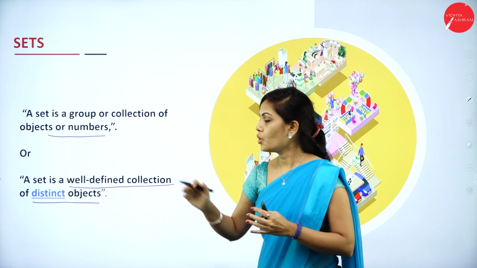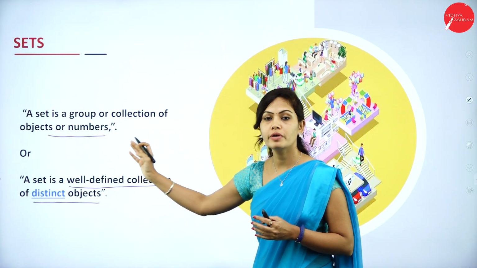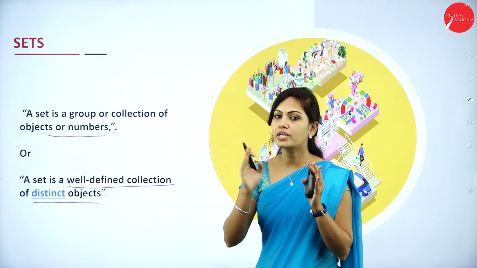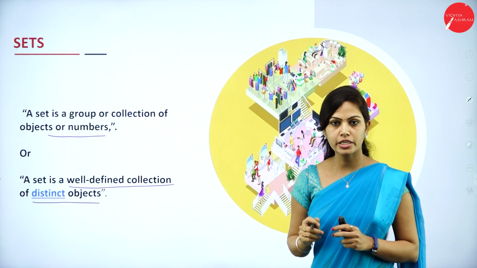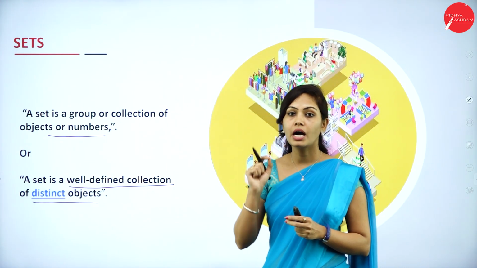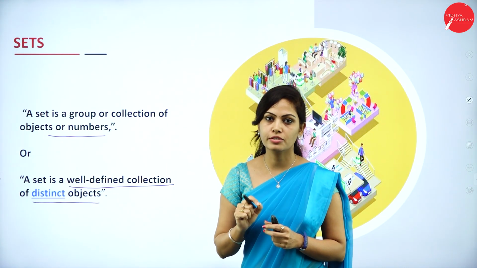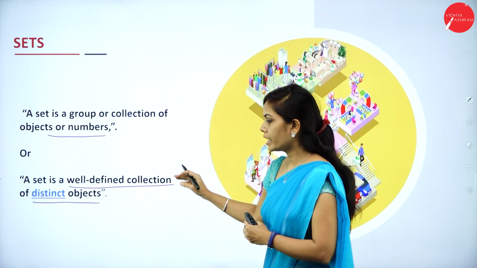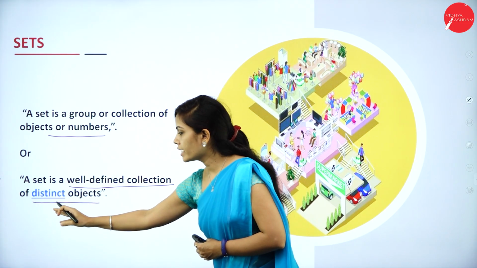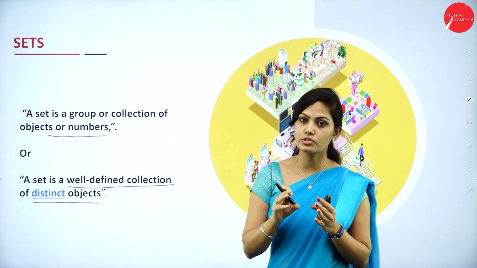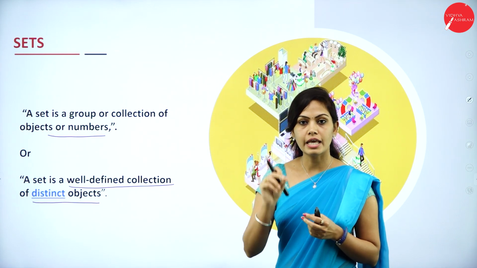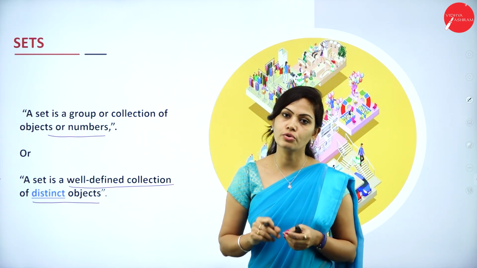So what are distinct objects? Distinct objects means unconnected objects. So a set is a well-defined collection of unconnected objects. A set is also known as an unordered collection of objects, also known as elements.